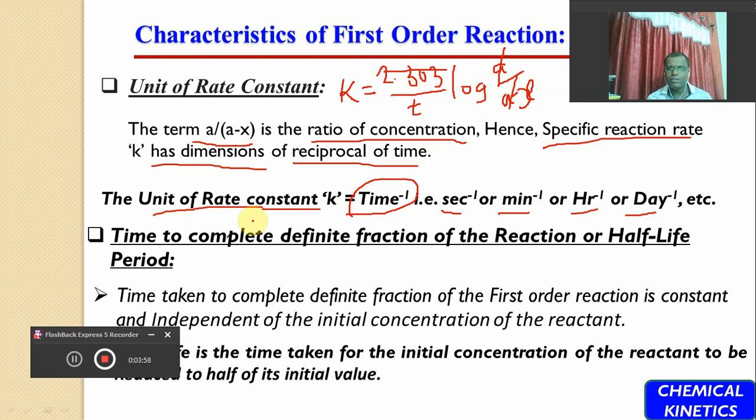Again, the second characteristic of the first order reaction is that it is possible to calculate or determine the time required to complete a definite fraction of the reaction.